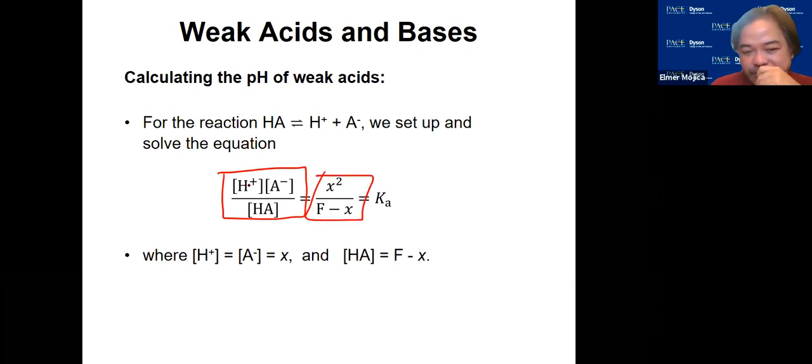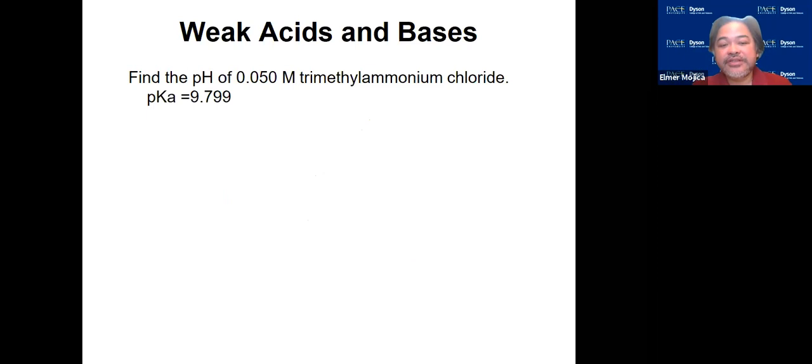X squared, because you know the X here, and then you have here F minus X. So F minus X is just whatever the initial concentration minus the X that you came from here. And you get the Ka. So again, I told you this is not new to you. The new one to you here is maybe the use of F.